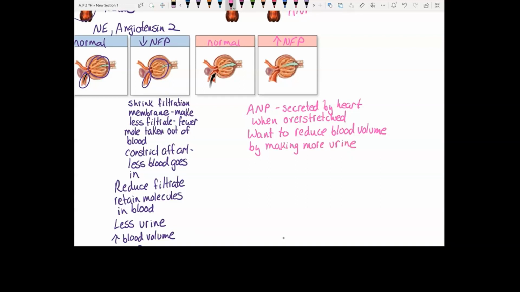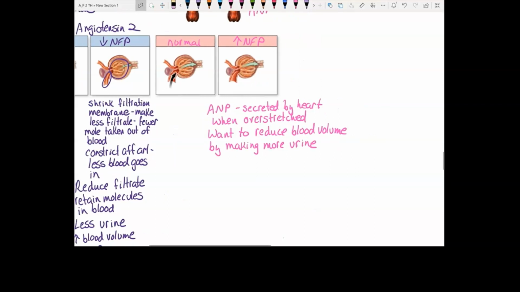So when you have AMP, you want your kidney to make more urine than normal. If you look at the two ways you do that, look at the size of the glomerulus. See how it's bigger? So you enlarge the filtration membrane.